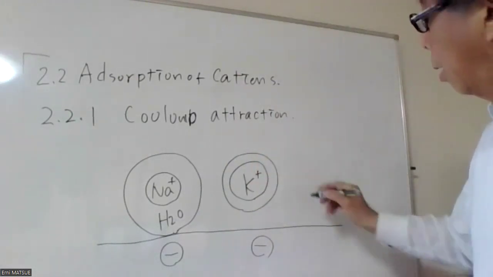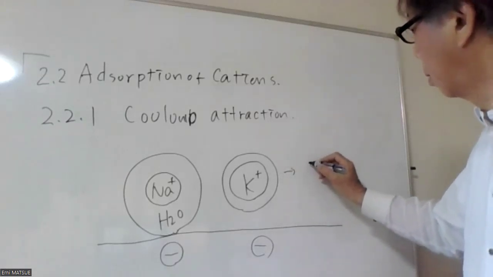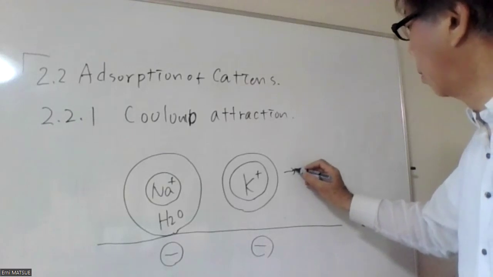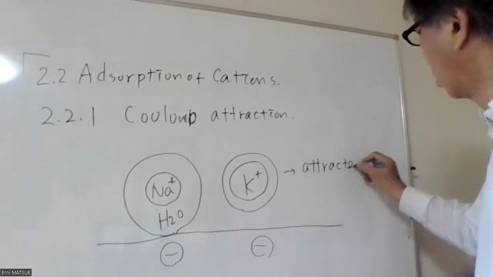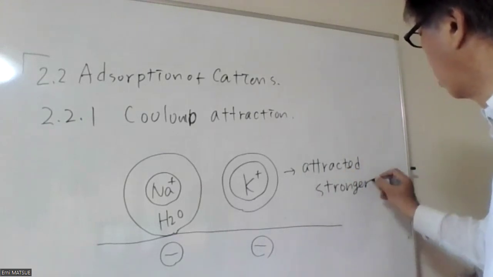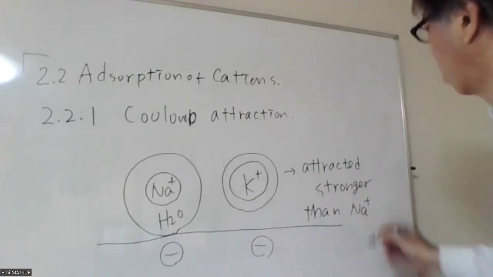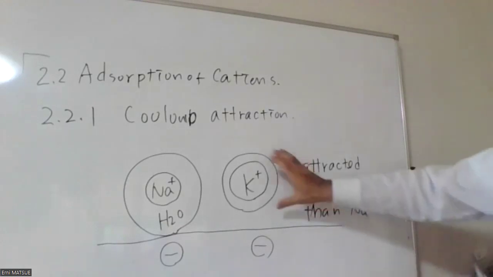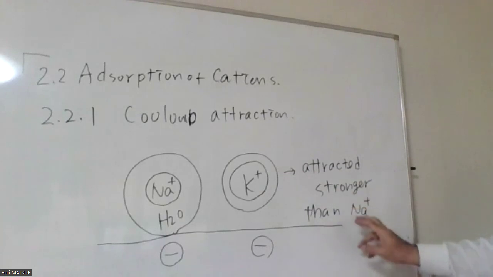Then potassium is more strongly attracted by the negative charge than sodium ion.